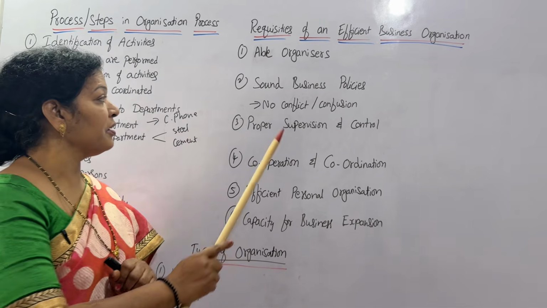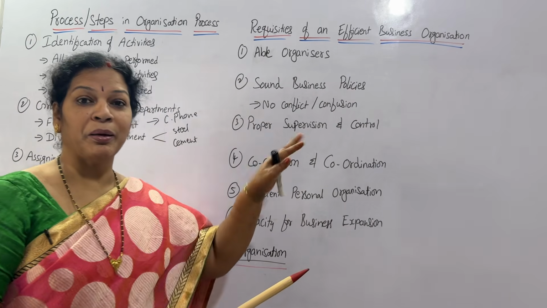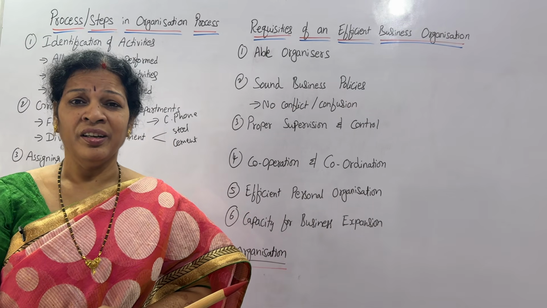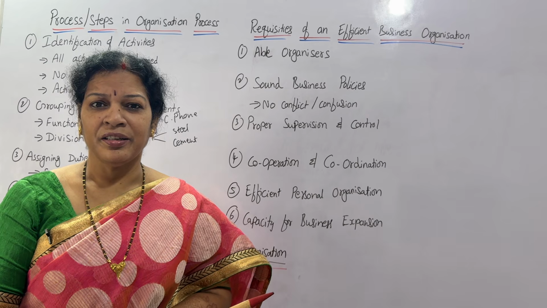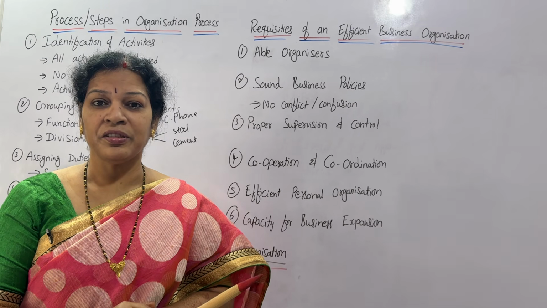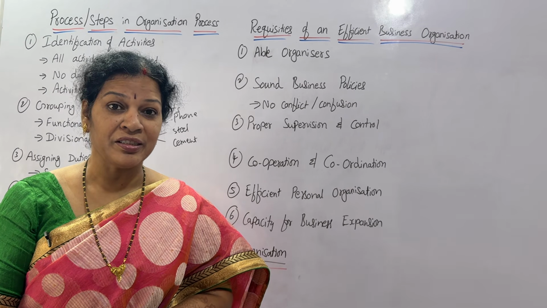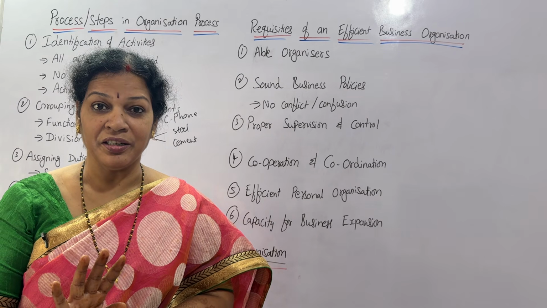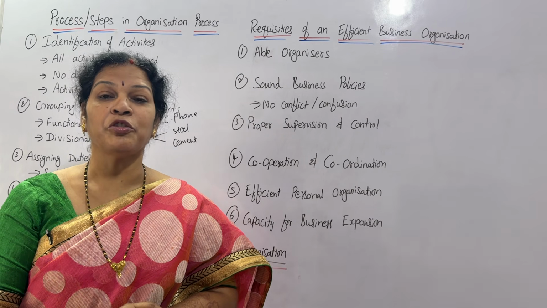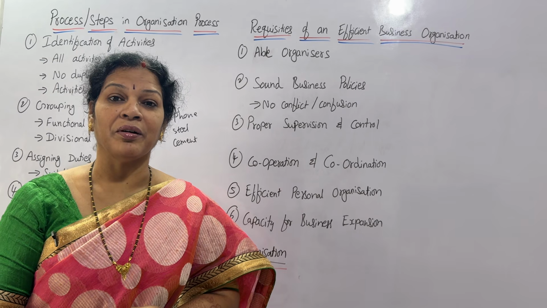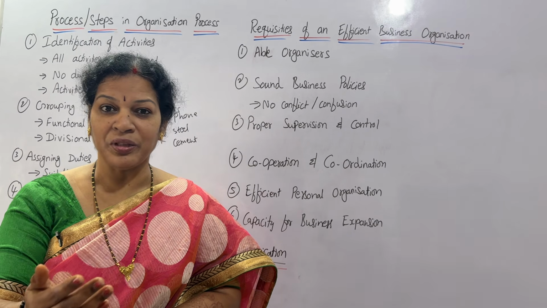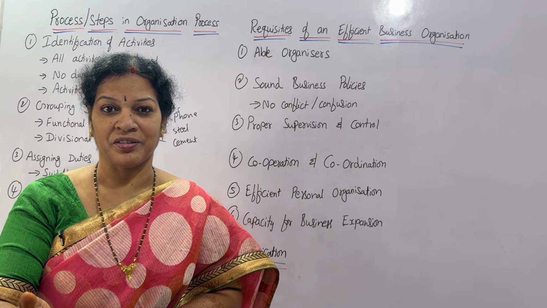The important thing is that there should be no conflict, no confusion about the policies you have prepared. Is it clear? Is there any kind of dispute, any kind of conflict, or any kind of confusion? That is important. It should be understandable by all the organizers, including the employees, because through the employees only you are going to execute it.